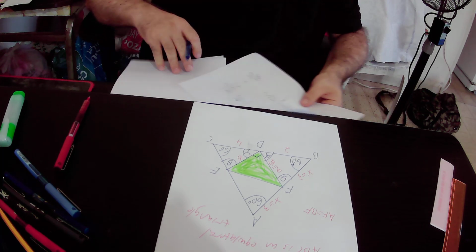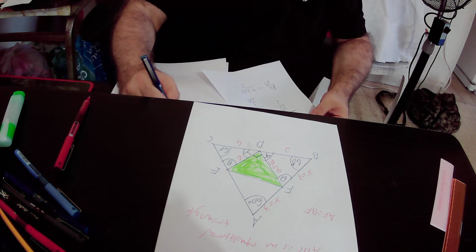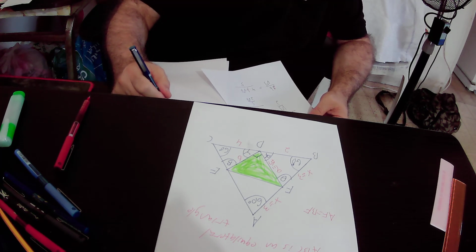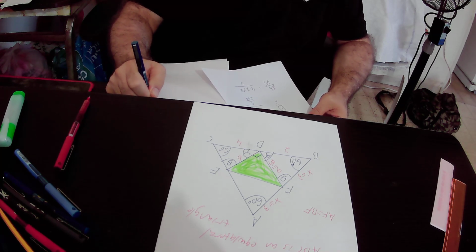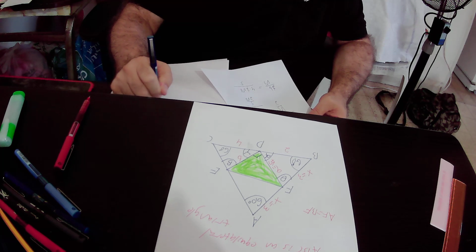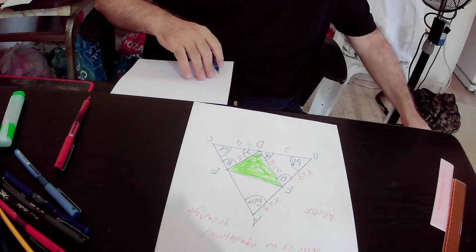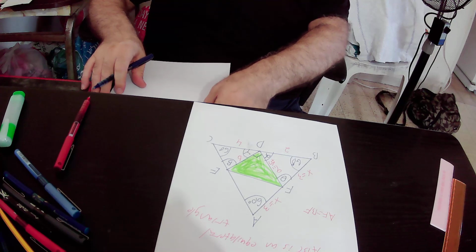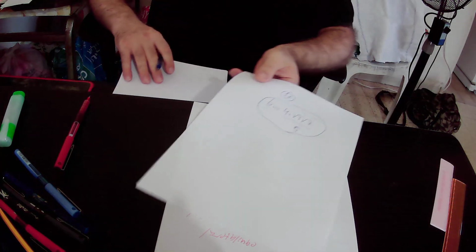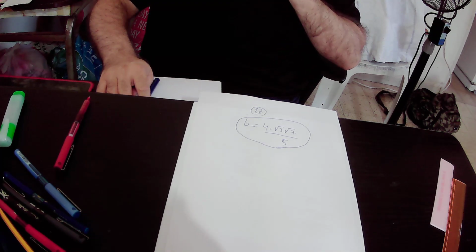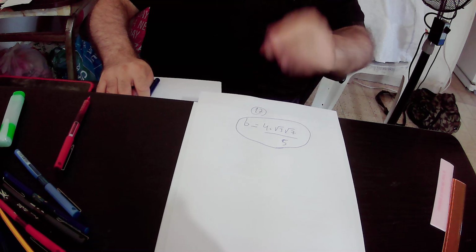So actually the value of b will be equal to 4 times root of 3 times root of 7 over 5.